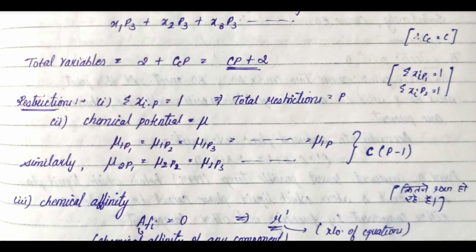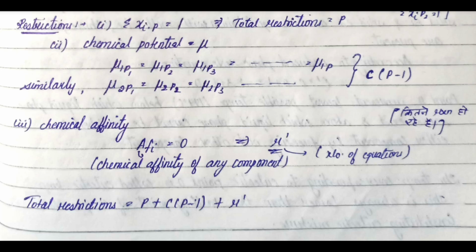Restrictions. First, summation of xi in each phase equal to 1, that is, total restrictions equal to P. Second, chemical potential mu: mu1(P1) equal to mu1(P2) equal to mu1(P3) up to mu1(P). Similarly, mu2(P1) equal to mu2(P2) equal to mu2(P3) and so on. Total C(P minus 1).